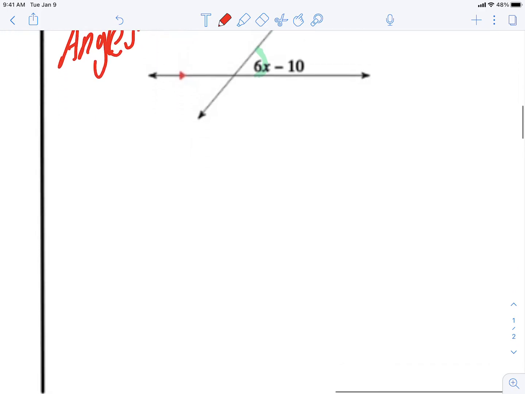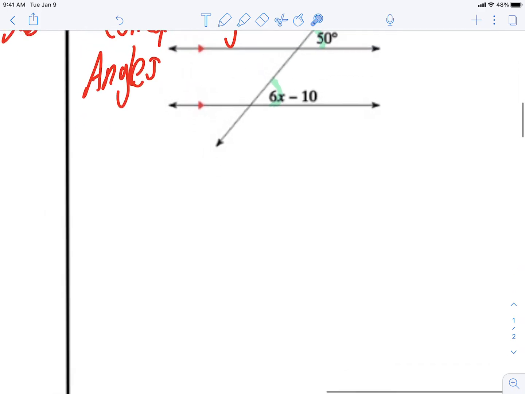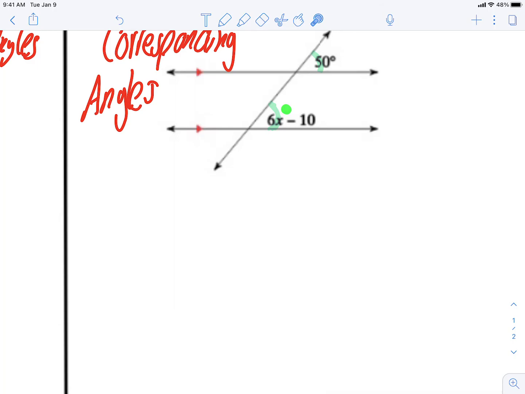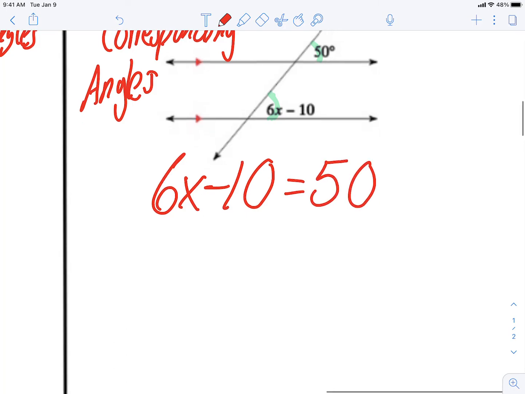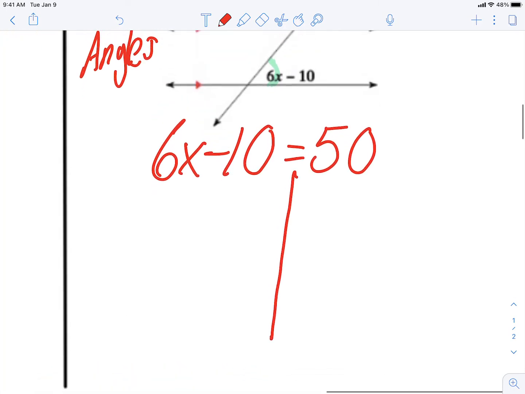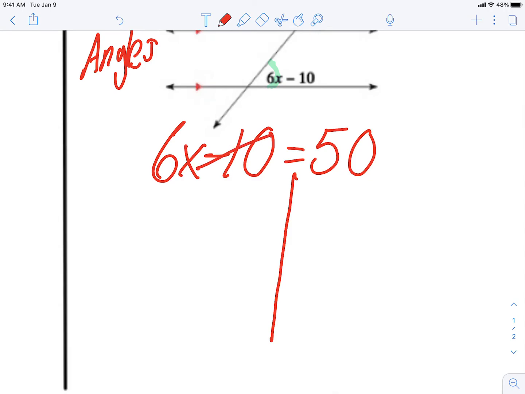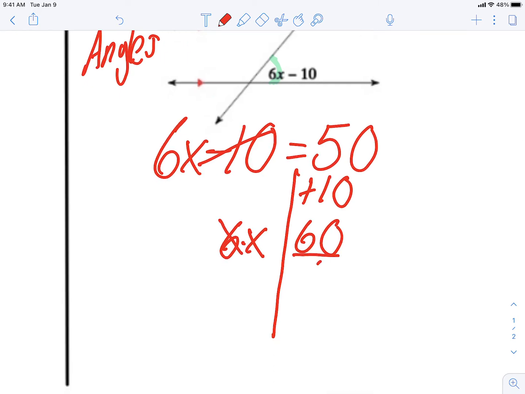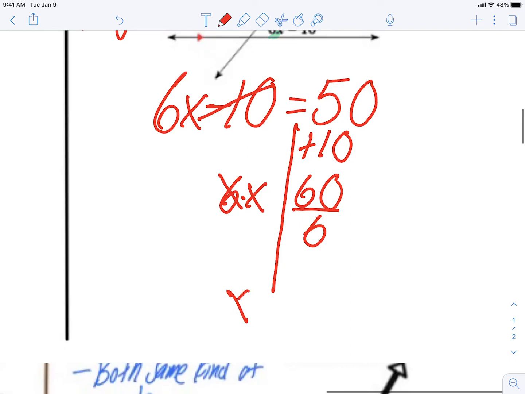And they are equal to each other, so I'm going to say this angle is equal to that angle. 6x minus 10 is equal to 50. I'm going to draw my line of separation. I'm going to move minus 10 over and make it plus 10. So I get 6x, which means 6 times x, and 50 plus 10 is 60. The opposite of multiplying by 6 is dividing by 6, and I get x is equal to 10.